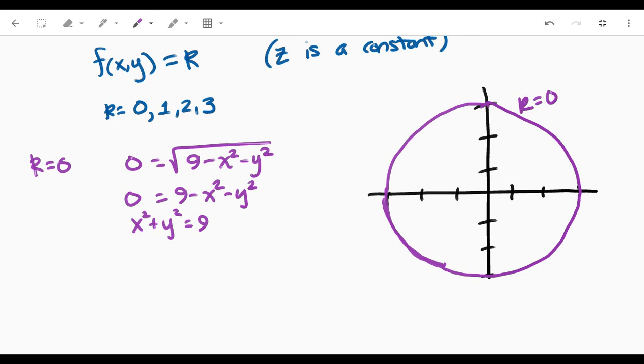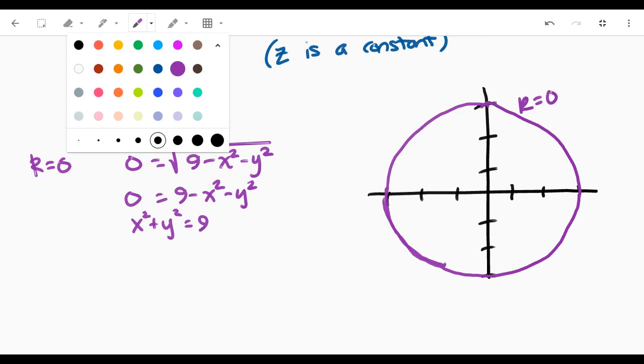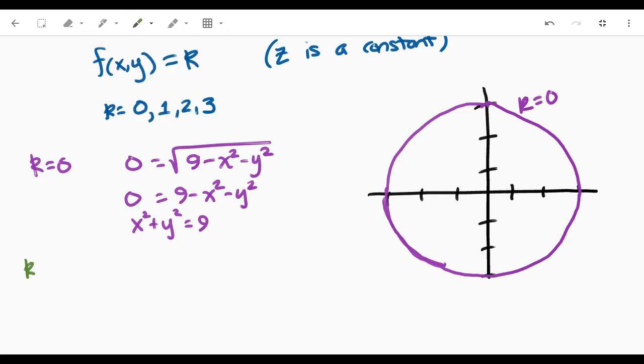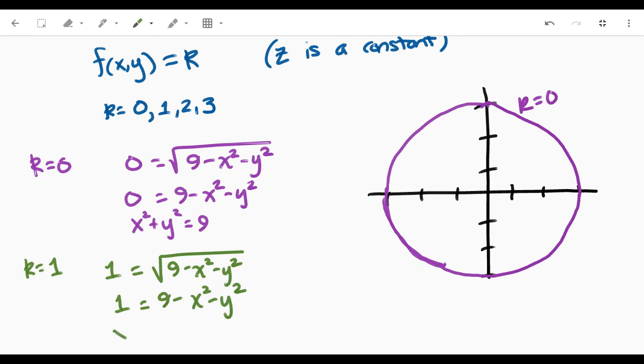Now we do another one, because the next one is when k equals 1. So 1 equals the square root of 9 minus x squared minus y squared, which would mean 1 equals 9 minus x squared minus y squared. So we'd have x squared plus y squared equals 8. So we know that that's a circle with a radius of the square root of 8. The square root of 8 is pretty close to the square root of 9.